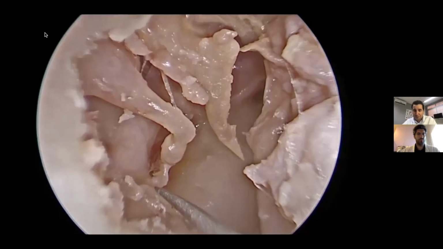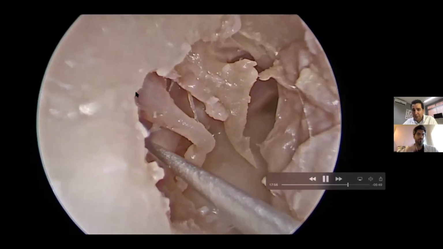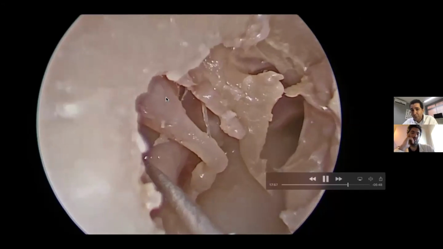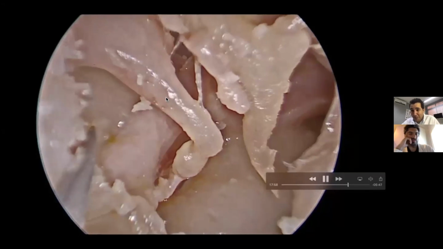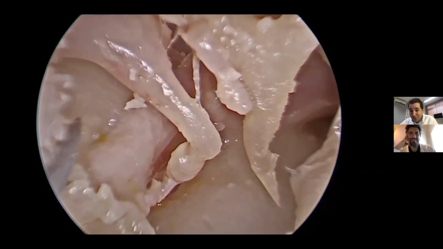But of course, in most of the surgeries, especially when we talk about cholesteatoma, the incus is already eroded, and then we remove the incus. And then I am probably the number one enemy of the incus. I think the incus is too big for us.